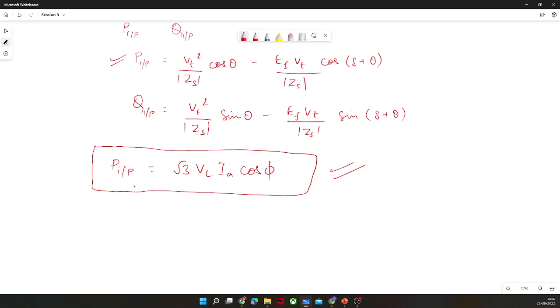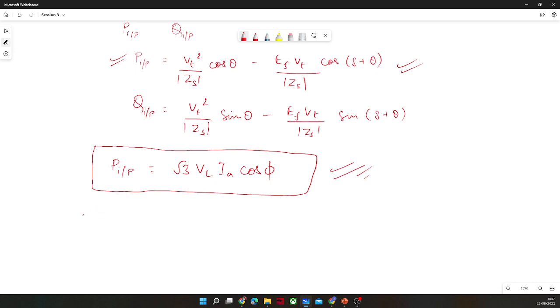Wherever current is given, or wherever you need to find the current, you can use this formula. Or wherever you are given the load angle or torque angle, then you need to choose the other formula. So you need to use discretion between both formulas.